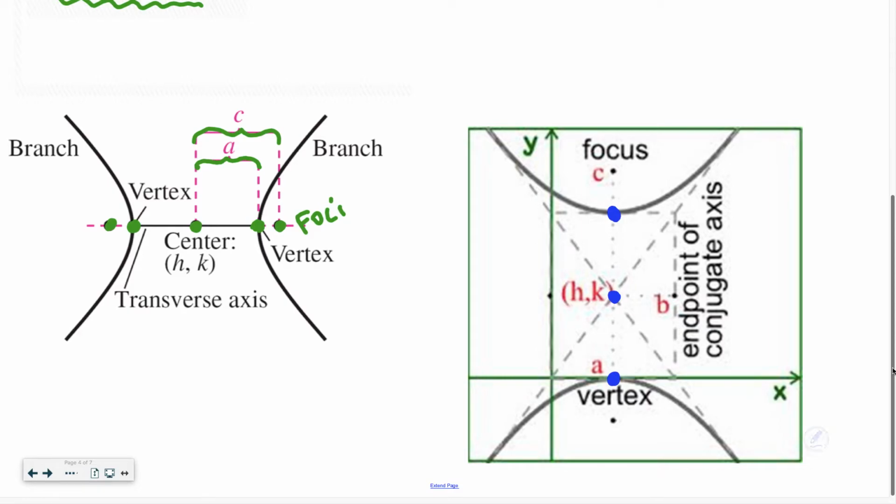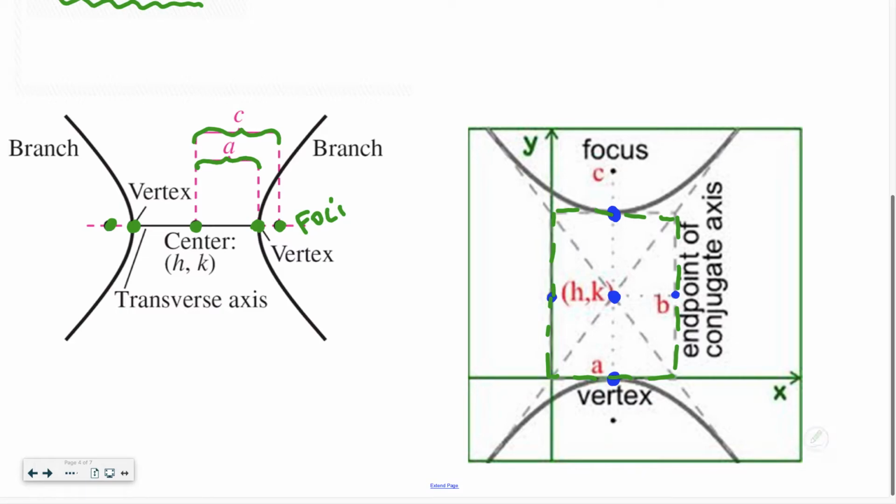Okay, so we are still going to very, very lightly plot B, kind of like an imaginary dot. We would plot B kind of like we would if we had an ellipse, but they're not coordinates, they're just reference points for us. And then very, very lightly, what I'm going to have you do is create a rectangle that goes through the vertices and then those B coordinates that you just plotted.